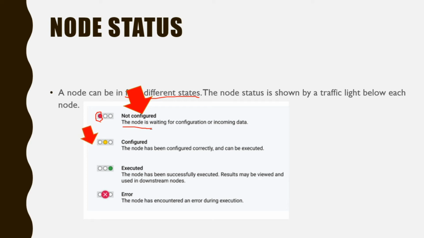So it ensures that the node has been configured correctly and it can be executed. So it is ready for execution. Then after execution got over successfully, your third light will be turned to red, sorry, green. So green signifies we executed the node successfully, and the results may be viewed and used in downstream nodes. So other nodes can be used for further processing from this corresponding node.